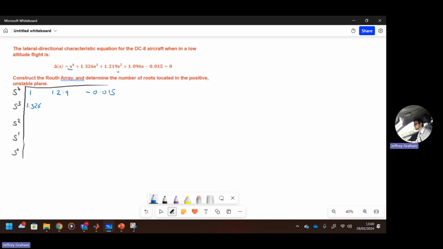Skip the even powers into the odd, so 1.096. And then we skip that, there's nothing there, so this one we insert is 0. Right, we've got B1, B2, C1, D1 to work out. These automatically fill in 0.